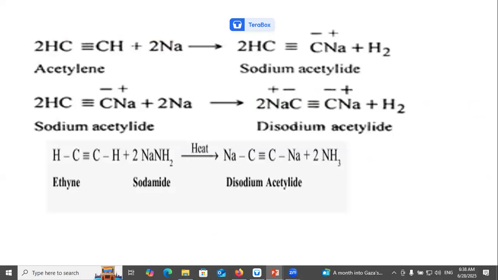Acetylene, sodium acetylide, disodium acetylide.